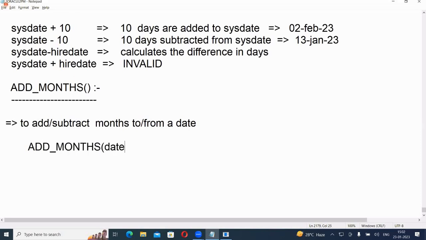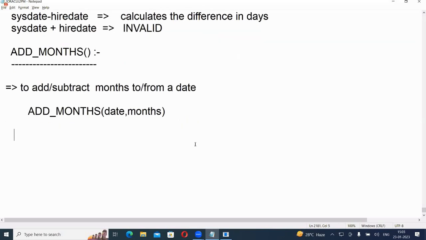First argument is the date. Second argument is the months. Okay?